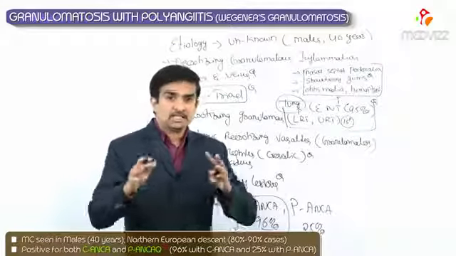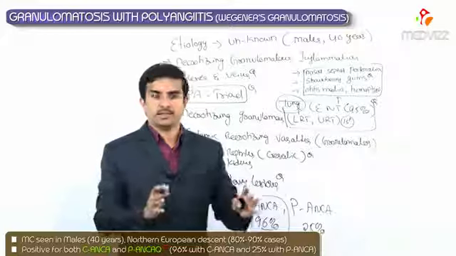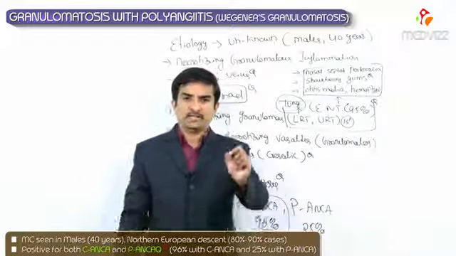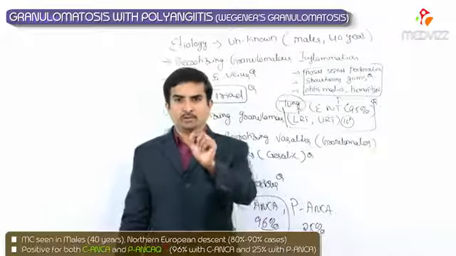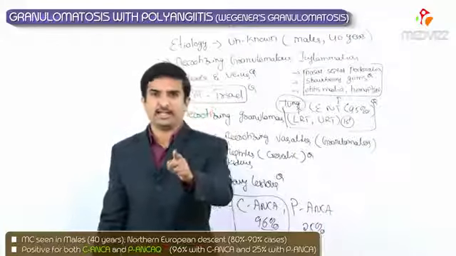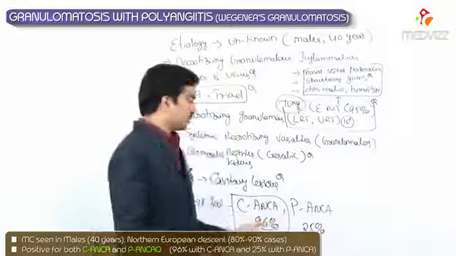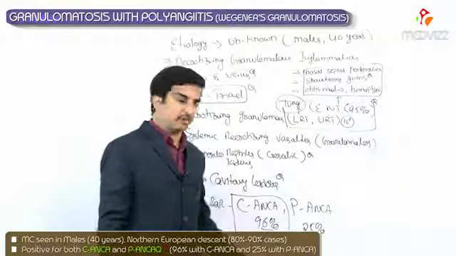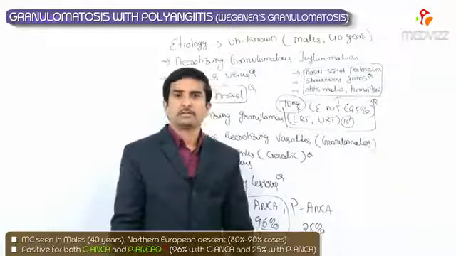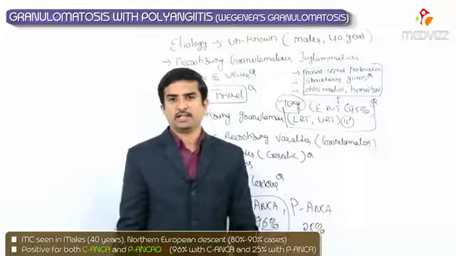But we cannot exclude that PANCA is not there. That's the reason we can say that Wegener's granulomatosis is positive for both CANCA as well as PANCA. When they ask about specificity, then you should say that approximately 96% of the cases are positive for C type and 25% are positive for P type antibodies.